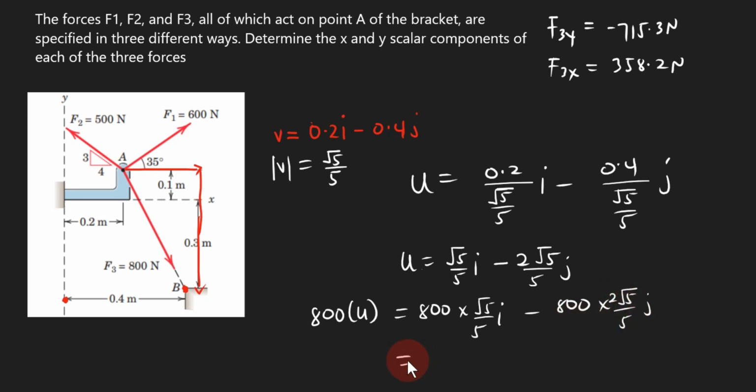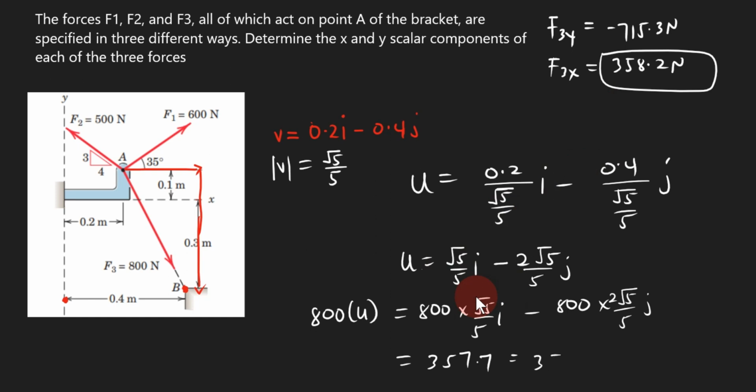So I'm going to have 800 times square root of 5 on 5. That gave me a value of 357.7, which is actually close to the value that we got earlier. We can round this to 358 newtons, which is close to the value we got before.